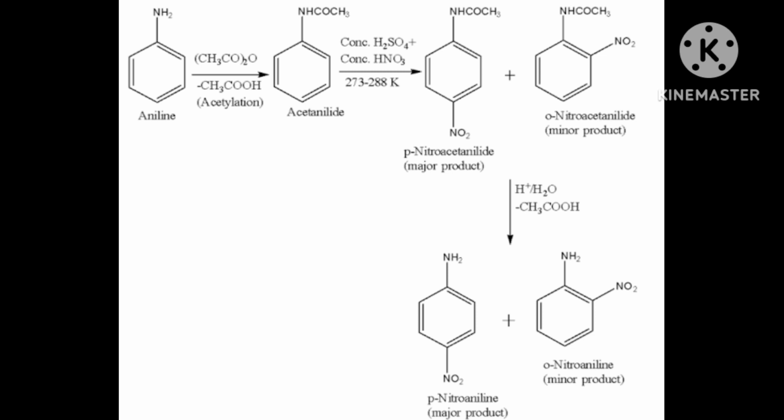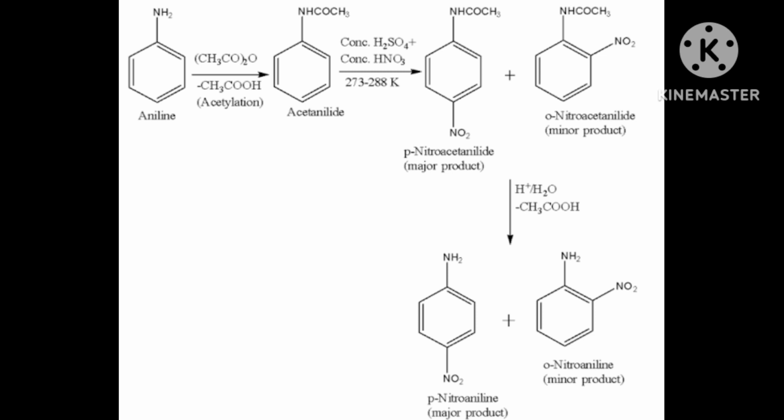Moreover, in strongly acidic medium, aniline is protonated to form the anilinium ion, because aniline has a lone pair of electrons. Hence it is basic in nature. It can react with acid and join with H plus by donating its lone pair of electrons.